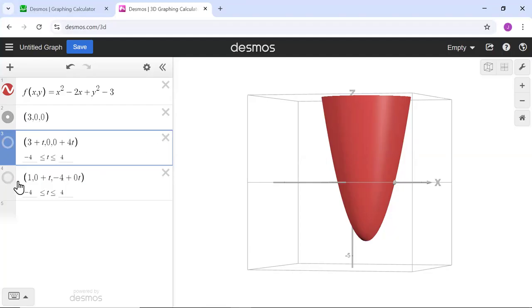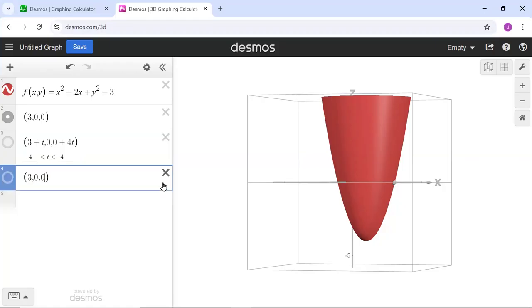And then if you did the y, you'd start at 3, 0, 0, and you'd say, every time I increase t by 1 in the y component, since f sub y was 0, I'd go 0t in the z component. So hopefully that makes sense.